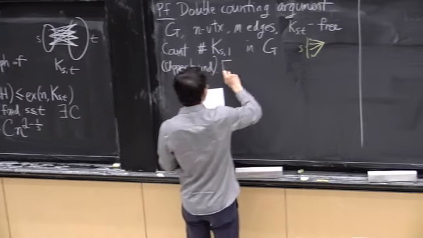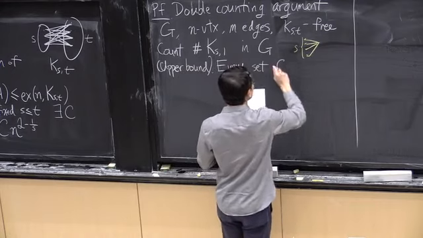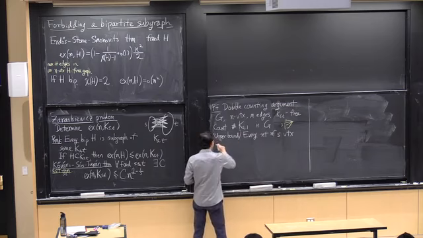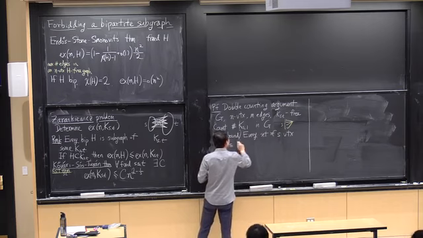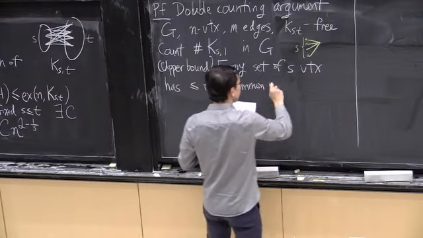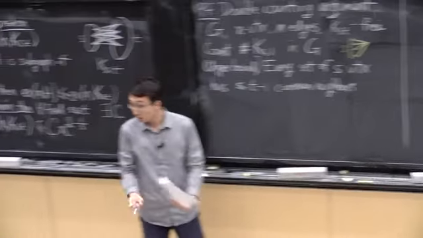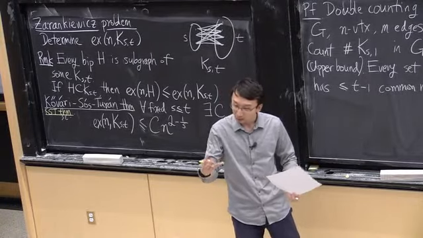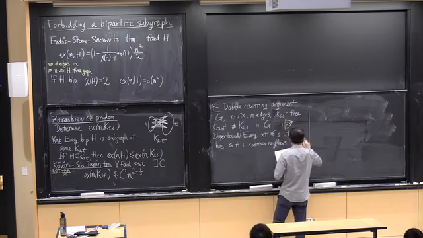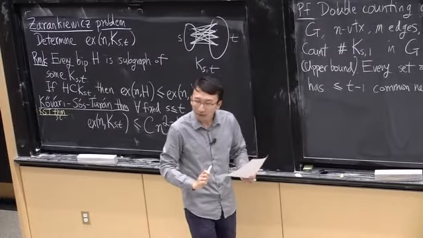On one hand, every subset of s vertices in the graph G has at most t minus 1 common neighbors, because if they had t common neighbors, then you get a K_{s,t}. Okay, so that's one bound.